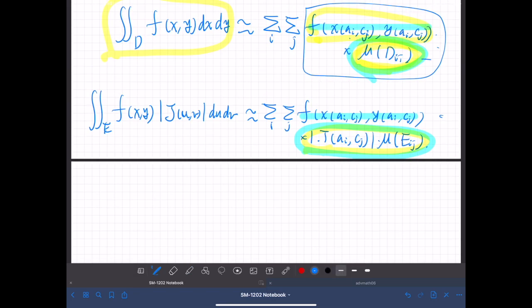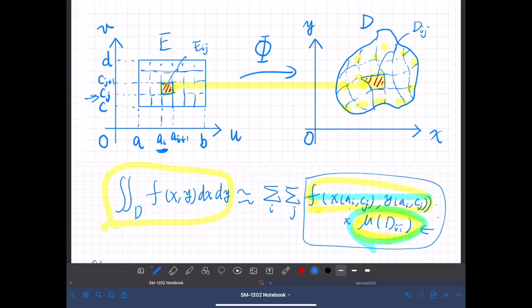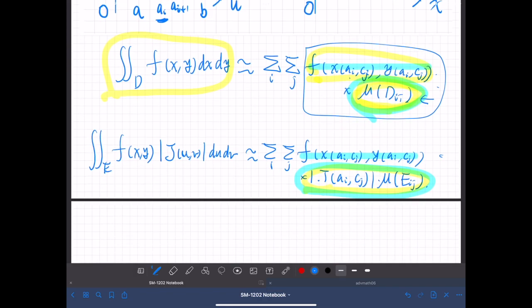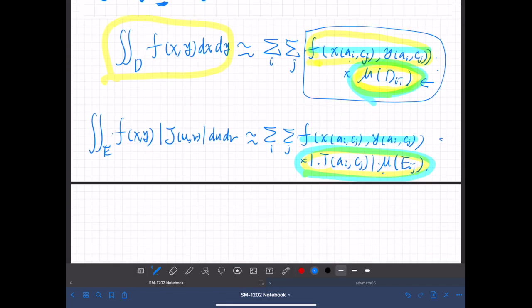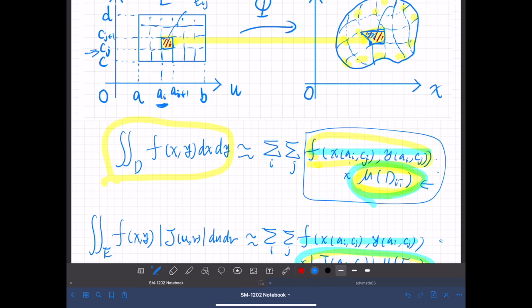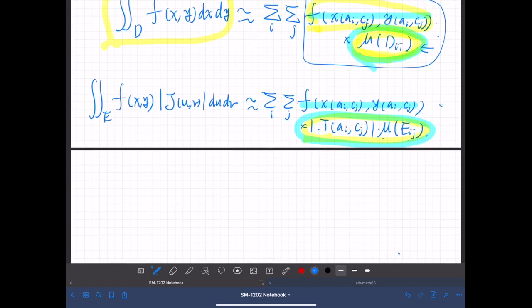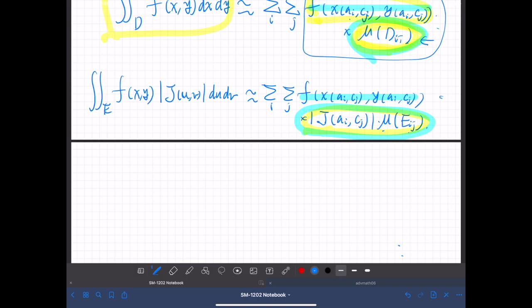This one is the area of this region. Okay, so this is some irregular shape, and mu of eij is the area of this rectangle, and there is a factor, the absolute value of the Jacobian.